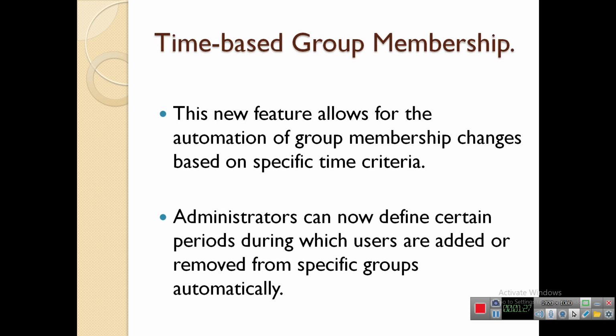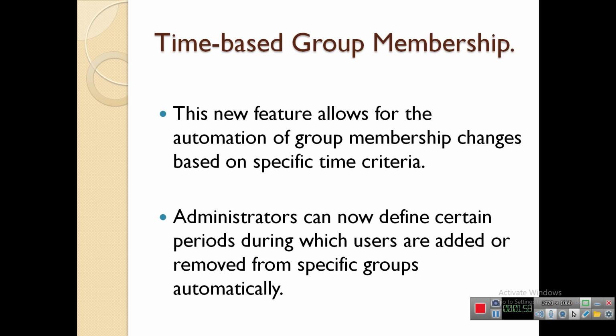Now imagine this feature allows you to automate group membership changes based on specific time criteria. Imagine I have a user, my username is user2, and I want to make the user a domain administrator. So I add the user to the domain admin group, but I want that only for 1 hour. I want this user to behave as a domain admin for 1 hour only.